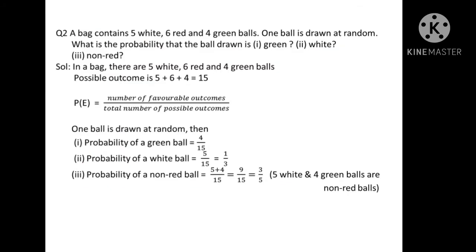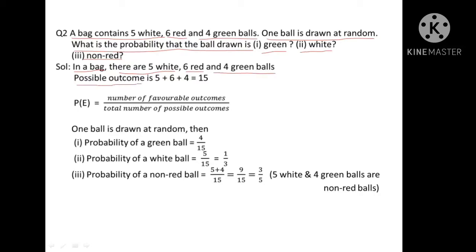The next question says that a bag contains 5 white, 6 red and 4 green balls. One ball is drawn at random. What is the probability that the ball is first one green, then second white, and the third one is non-red? So the solution is this. In a bag, there are 5 white, 6 red, and 4 green balls.